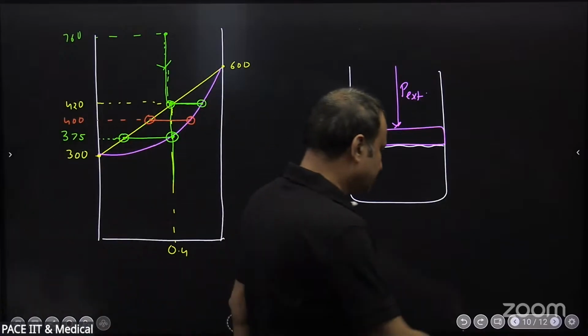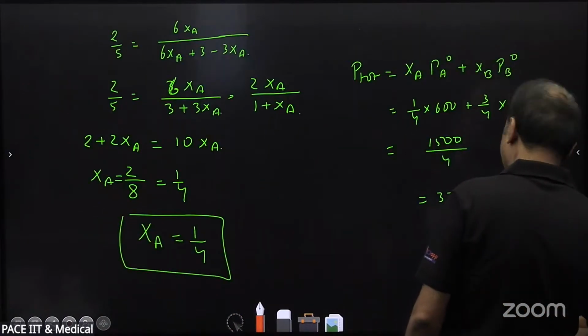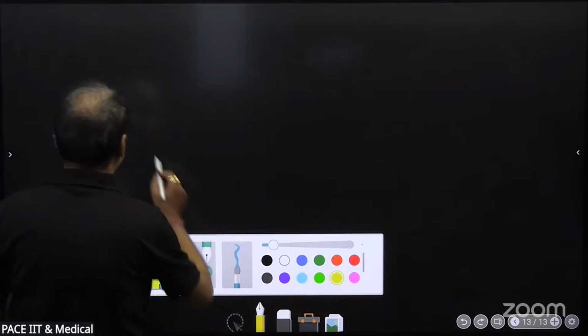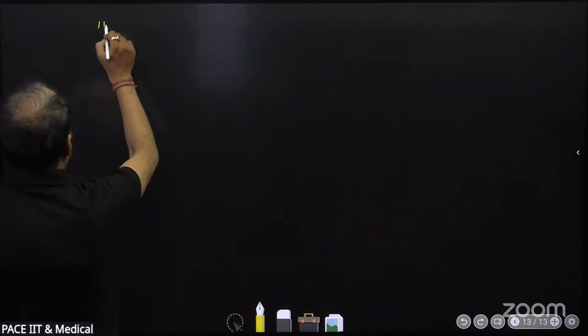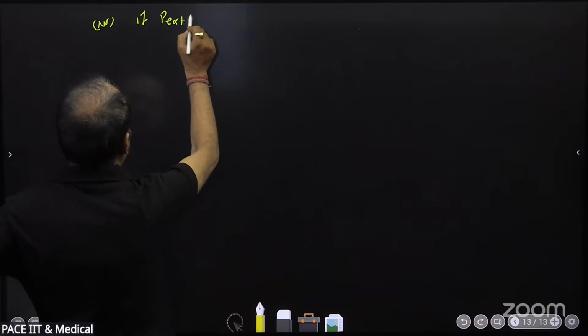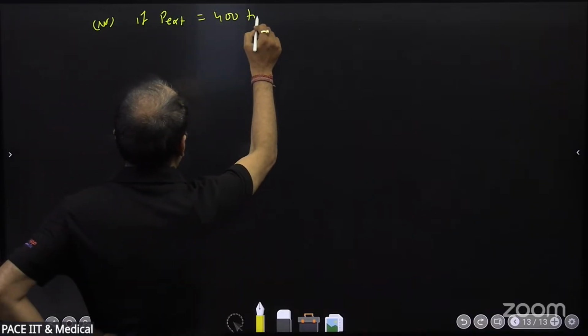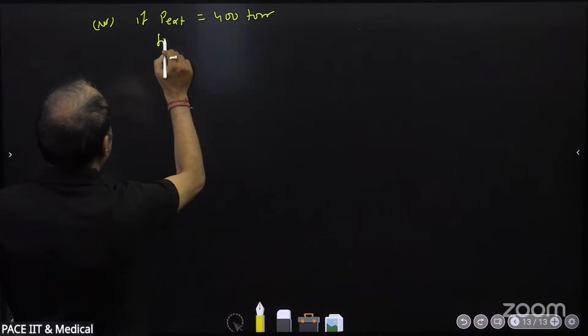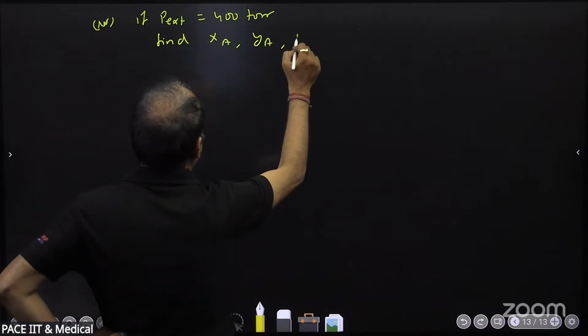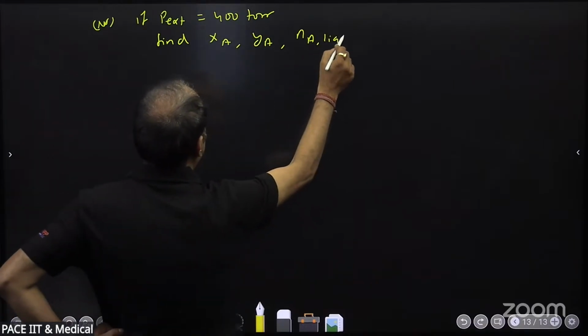Let's also solve that. So let's say the last part of the problem I take like this: if external pressure is 400 torr, then find XA, YA, and moles of A in liquid.